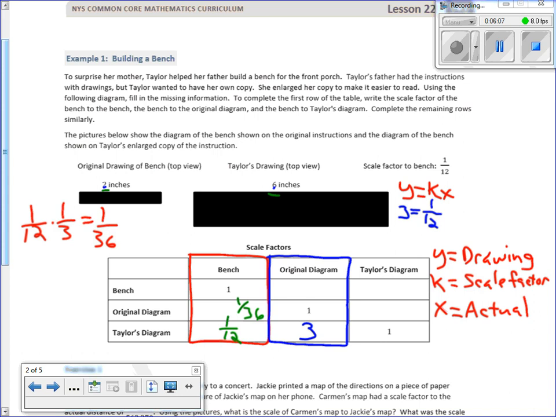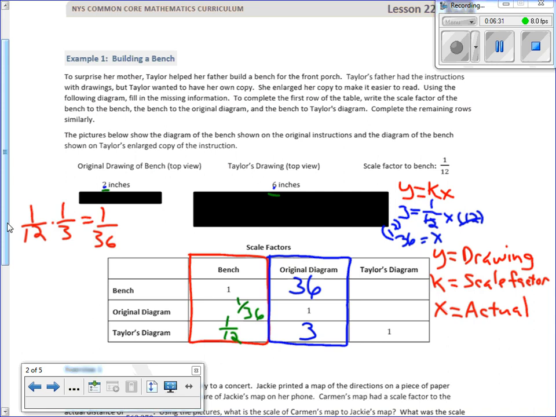Y is the drawing, Taylor's diagram. We don't know what the bench is going to be. To solve this, we multiply both sides by 12. 12's cancel, and we get x equals 12 times 3, or 36. Okay. There's our answer there.